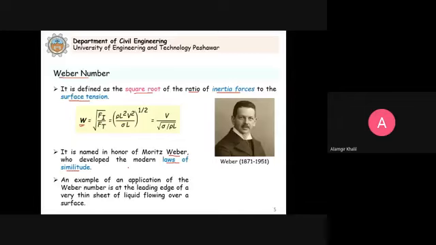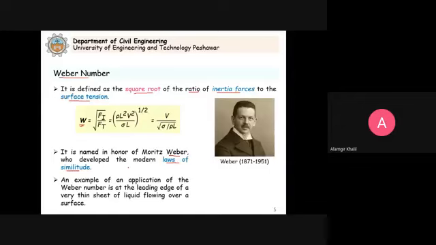He just conducted that very famous experiment to visually observe laminar and turbulent flow by using a dye color that was injected into the flowing stream. It can happen that later on we developed the ratio of inertia force to viscous force, and it was termed the Reynolds number to honor his contribution. Similarly, this number is named after Weber because he initially developed the laws of similitude that we use today in model studies.